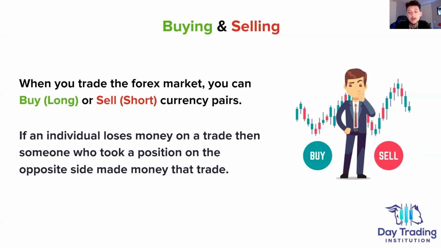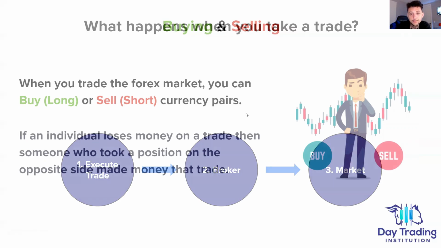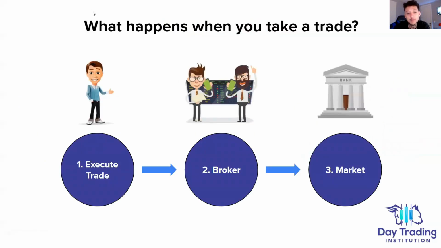So let's say Juan is buying USD JPY and Joseph is selling USD JPY. Let's say Juan loses money in the markets, and that's because Joseph is gaining money in the market. So both a buyer and seller can't win at the same time, because for every buyer, there does have to be a seller.